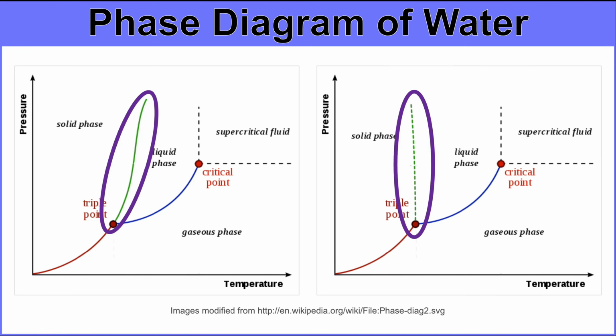The solid-liquid equilibrium line, or the melting point line, slopes backwards rather than forwards. Remember, in the usual phase diagram, melting point increases as pressure increases. But here in water, the melting point gets lower at higher pressures.